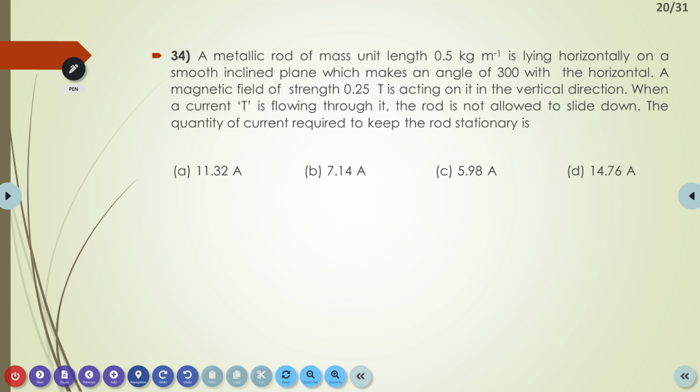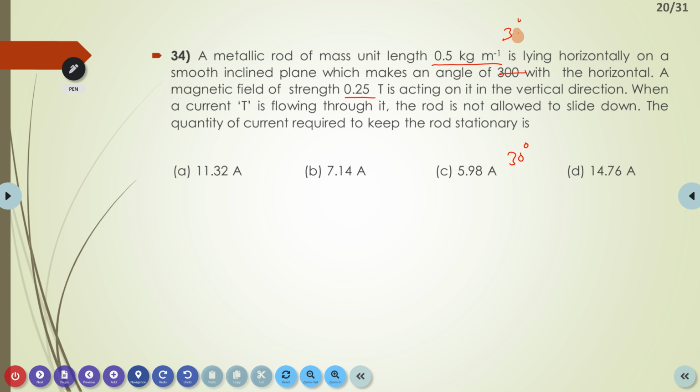Next. A metallic rod of mass per unit length 0.5 kg per meter is lying horizontally on a smooth inclined plane, which makes an angle of 30 degree with the horizontal. This is not 300, this is 30 degree. A magnetic field of strength 0.25 Tesla is acting on it in the vertical direction.